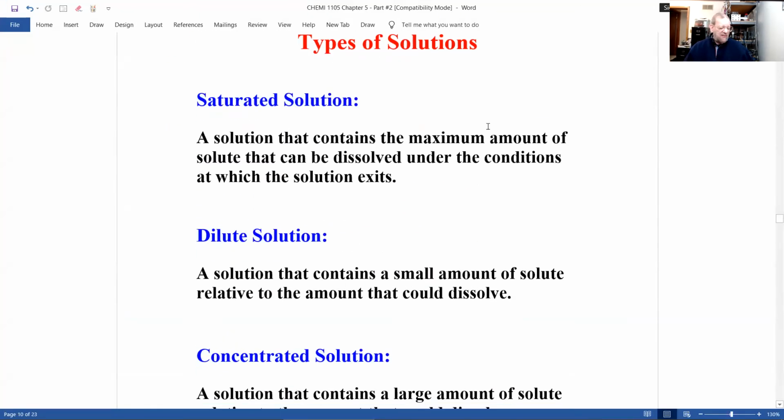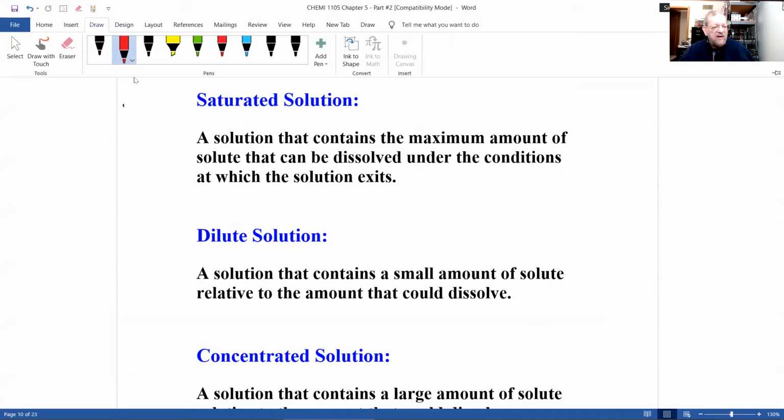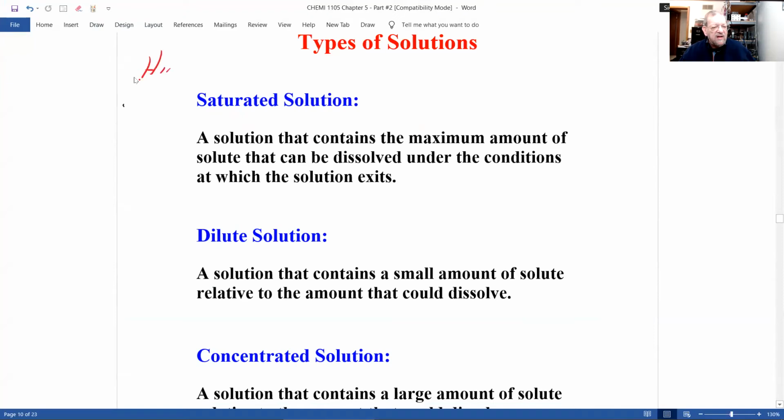Now, when we talk about solutions, there are different types. First type is a saturated solution.